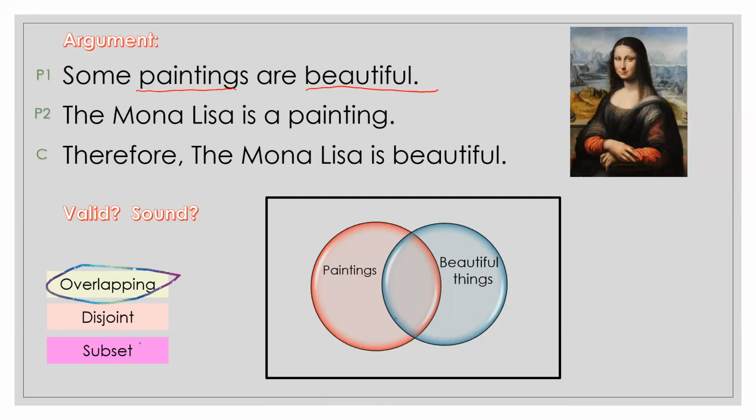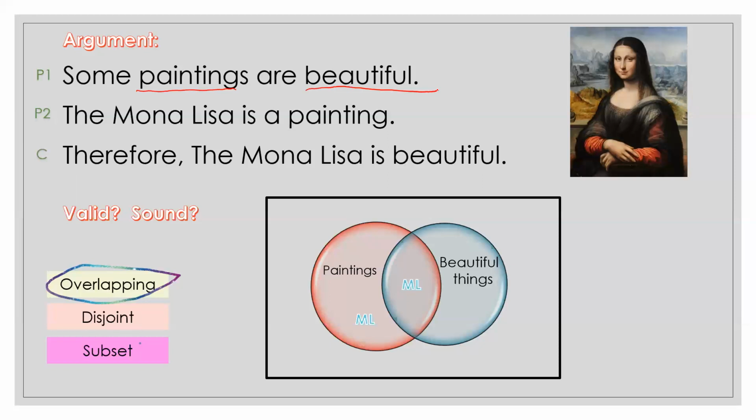So where is the Mona Lisa? It's a painting, so it could be anywhere inside the red circle, right? That means it could be here. It could be here, inside the common part, the overlapping part, because anything inside the red circle is a painting. So what do we say?